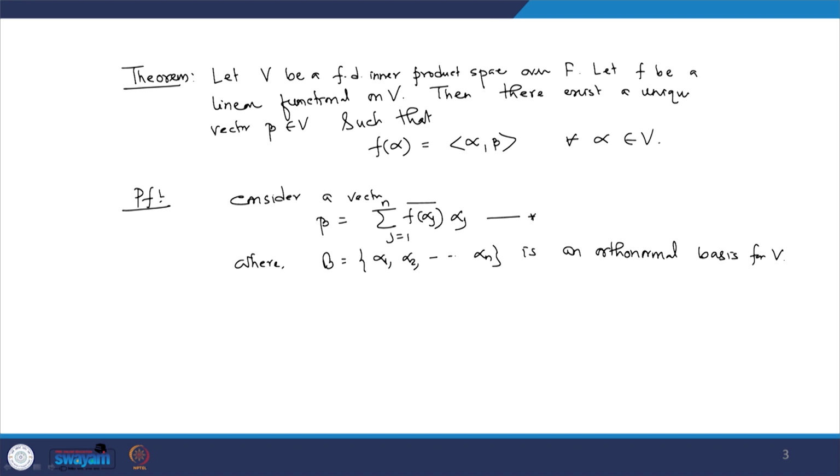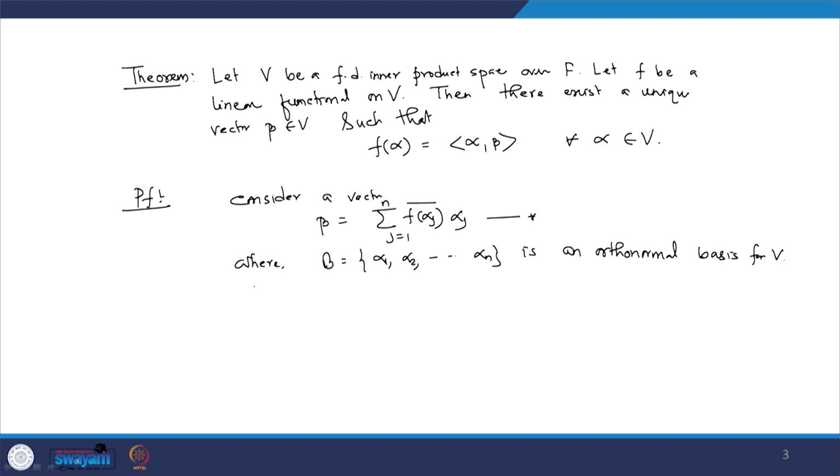All this we are going to answer shortly. But I can define a vector beta like this when, as an orthonormal ordered basis, B is given to us. Suppose if I choose like this, then I can define a vector like star.